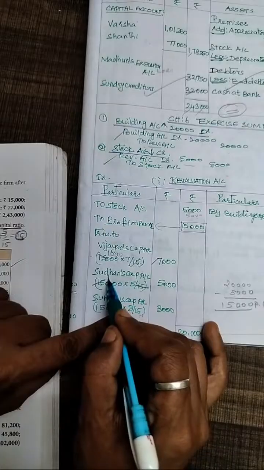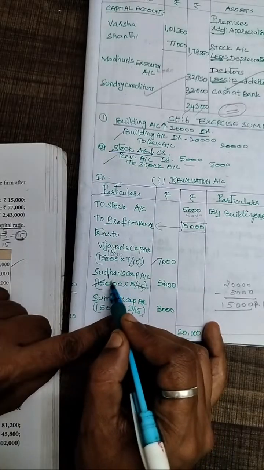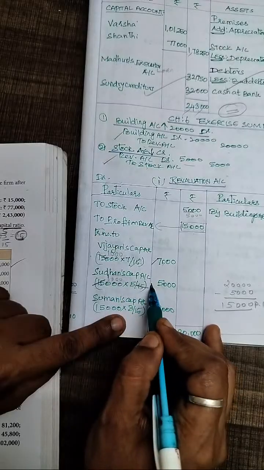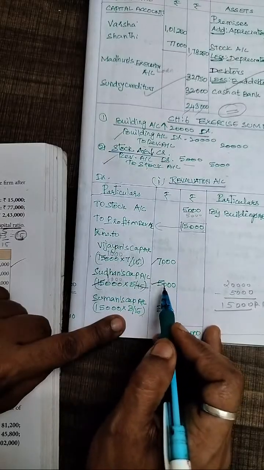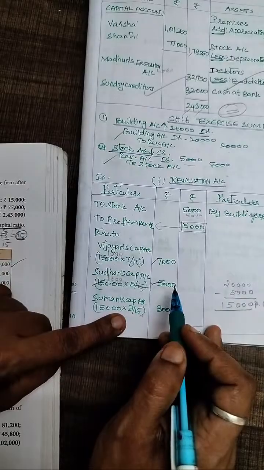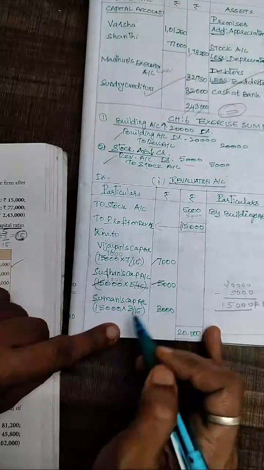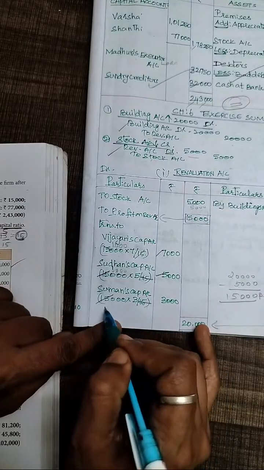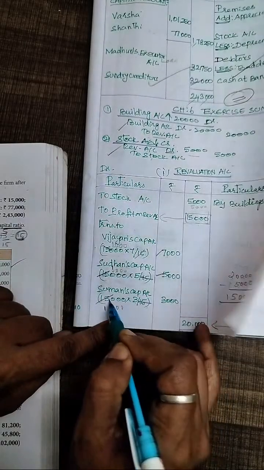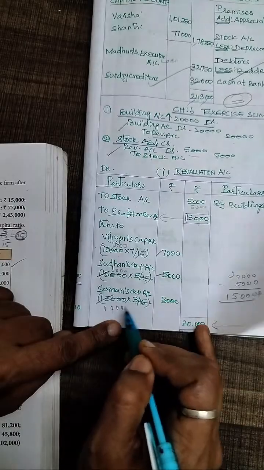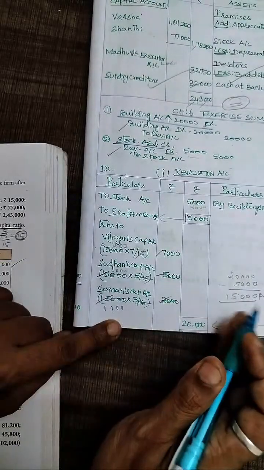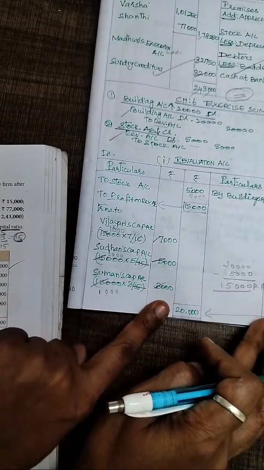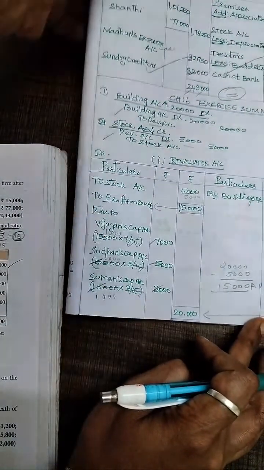Remaining we have 1, 3 zeros to be added here. 1,000 into 5 is 5,000 rupees, transferred to Sudan's capital account. And similarly 15 one time cancel, 3 zeros to be added here for 3. 1,000 into 3 is 3,000 rupees, transferred to whose capital account? Suman's capital account.